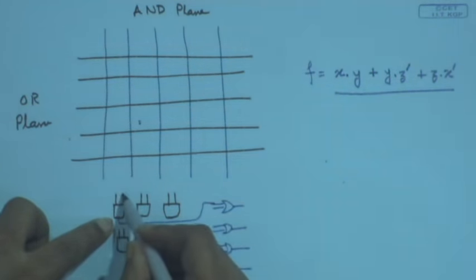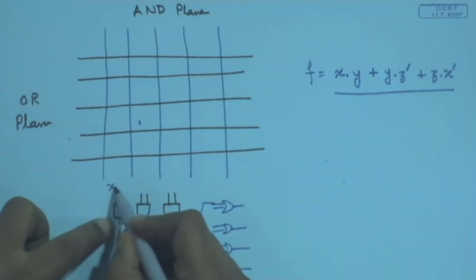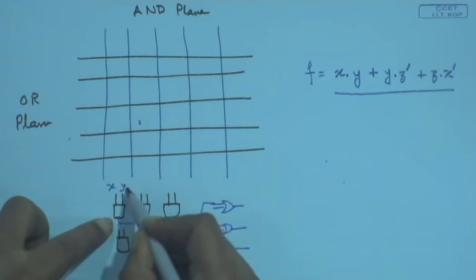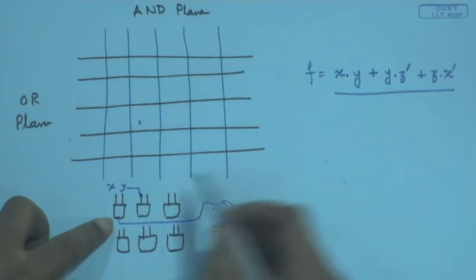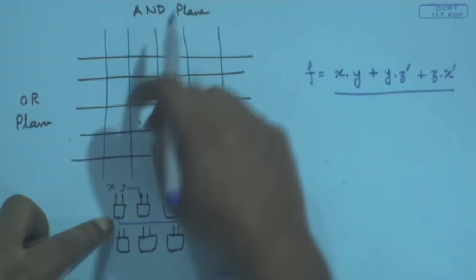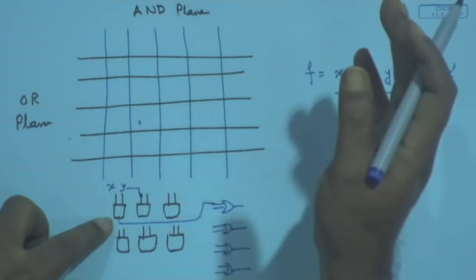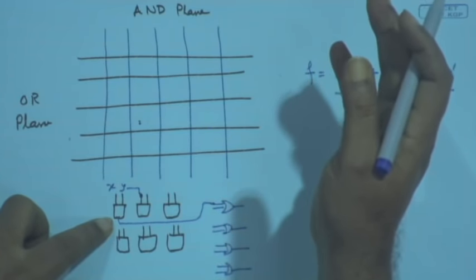This is x, this is y, and I take this y again here, and I take z. Here I am getting the complements of the variables and the variables themselves. z and z prime are both available to me.